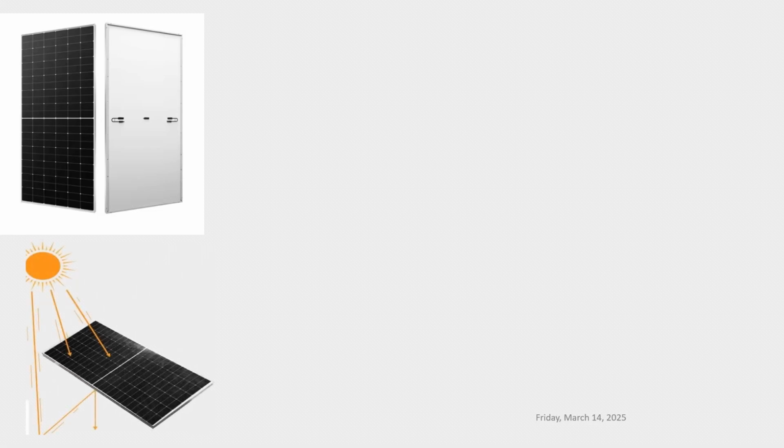And if you look at this, this is the sun, and you can see the direction of the arrow. There are some things we call diffuse, direct, and reflected rays of the sun.